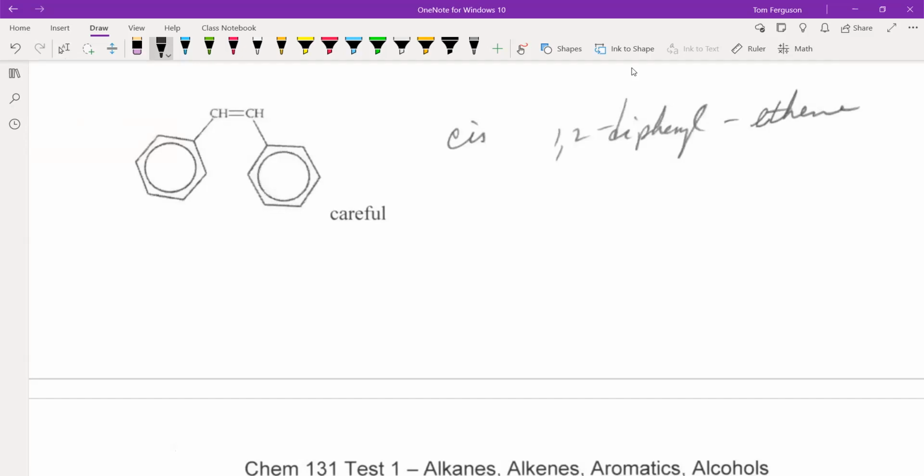Okay, I mentioned be careful on this one, mainly because of the possibility of a geometric isomer. So that is ethene, 2 carbon, unsaturated, and we have 2 benzene groups as branches, hence the phenyl. So it's 1,2-diphenyl ethene.